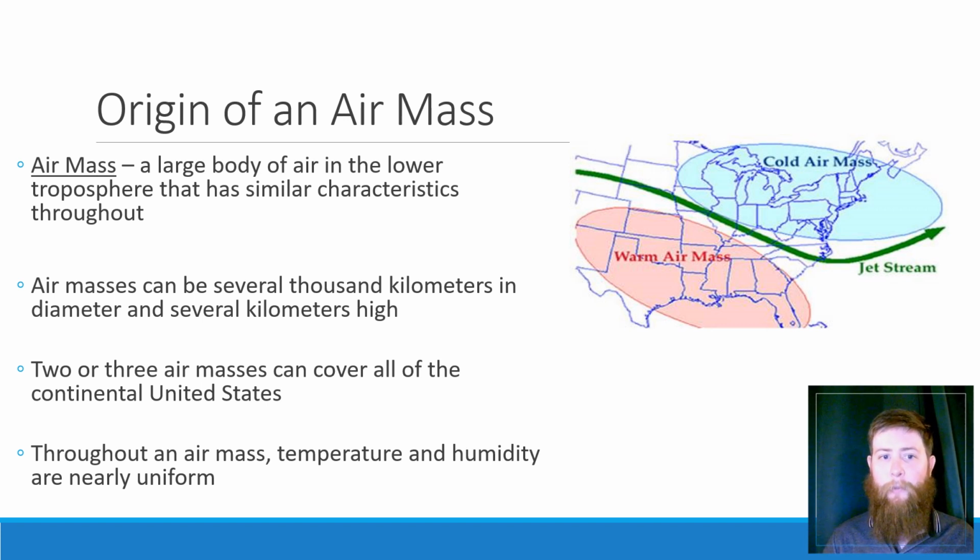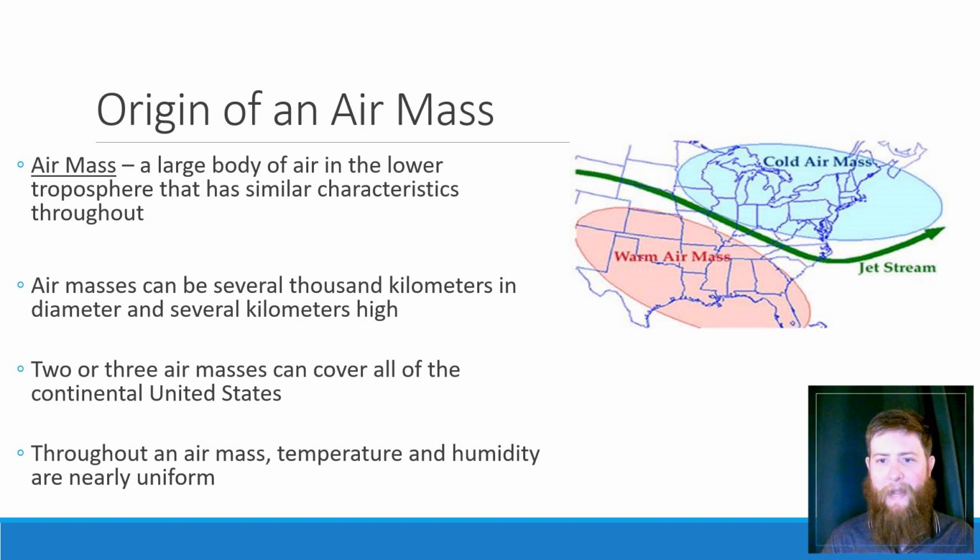These can be really big or smaller, depending on how long they're able to form and what the conditions are on the surface, and the uneven heating of the Earth's surface. They can go from several thousand kilometers in diameter and several kilometers high. At any one point in time, if we have really big air masses, 2 or 3 air masses can cover all of the continental United States, or it can be as many as 6 to 8.